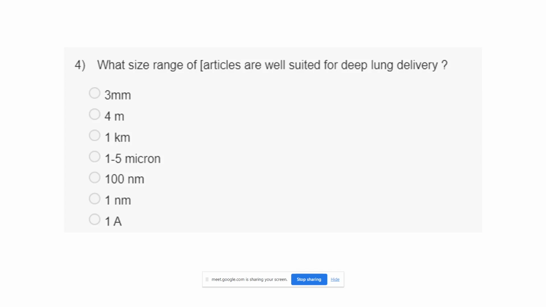Anyone else? What size range of particles are well suited for deep lung delivery?